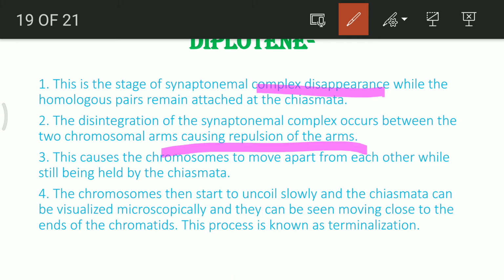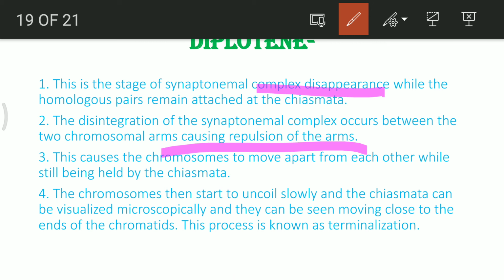It means that those two arms, which were very close to each other, are now moving back to their normal position, or they are just getting separated from each other. This causes the chromosomes to move apart from each other while still being held at the chiasma. So chiasma is the site at which crossing over has occurred, but repulsion means that those chromosomal arms which were not close to each other get separated.